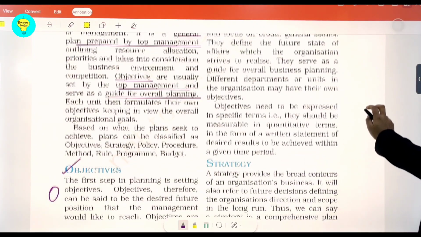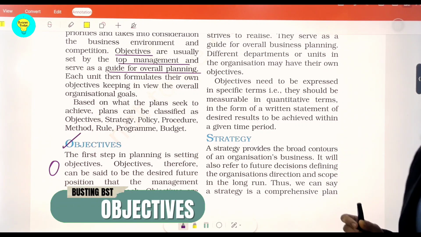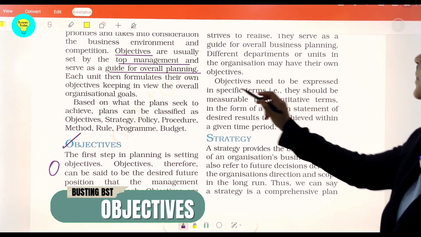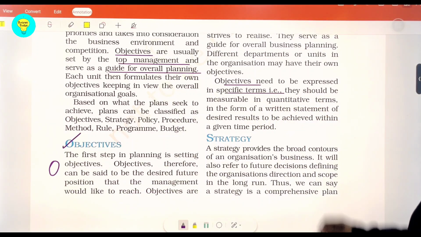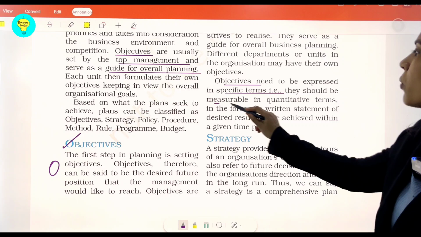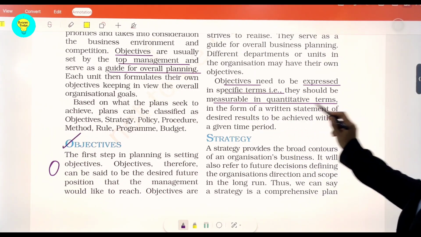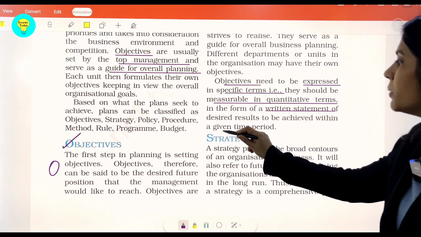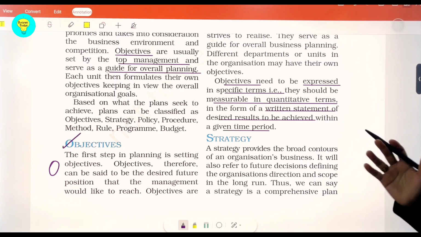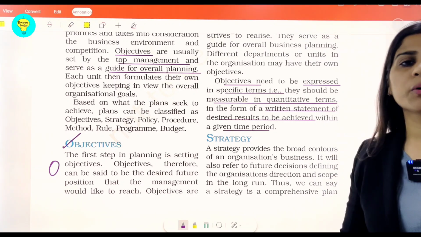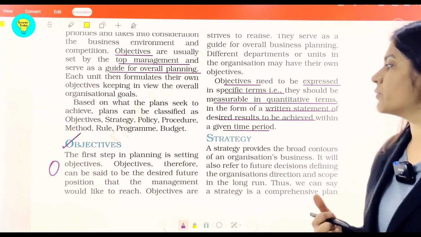and there are a few characteristics of objectives that you must be mindful of, because while deciphering the case studies you are supposed to identify whether the objective contains specific terms in it or not, whether it is expressed in measurable or quantifiable terms or not, whether it is a written statement of desired results to be achieved within a given period of time or not, that is time specific or not, and whether it is attainable or not, whether it is measurable or not, whether it is comfortable with everyone involved to achieve them or not.